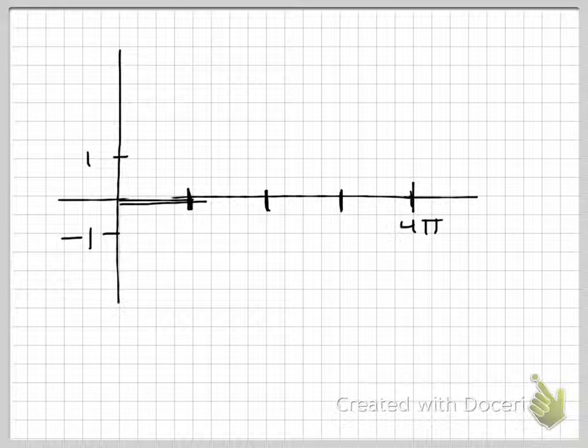So using a dotted line, we're going to create our sine wave. So still starting at an intercept, our x2 value is a min because the amplitude was negative. Intercept, max, and intercept. And we're going to use a dotted line to connect my sine wave.